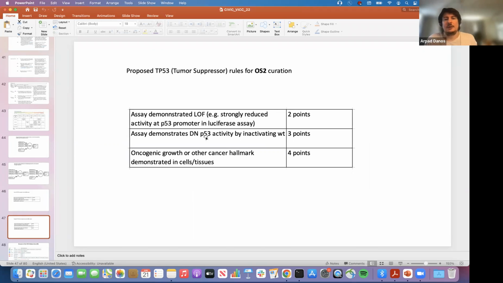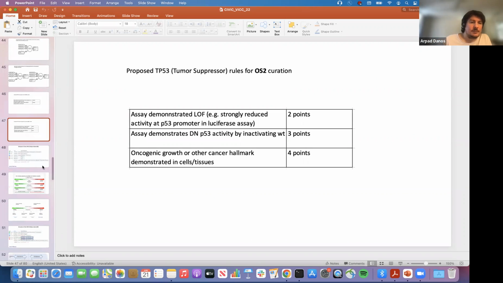The dominant negative is actually an important part of P53 function, so I was scoring 3 points to something if it's DN, and DN usually implies LOF. And if there's a type of actual oncogenic gold standard assay of increased growth, I was scoring those 4. So that was my thinking there.